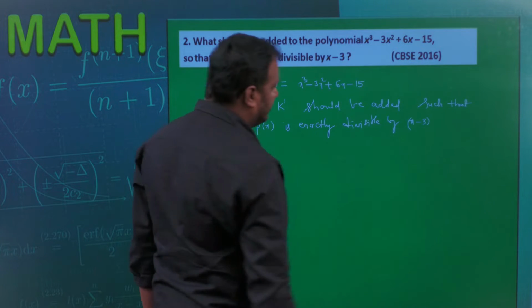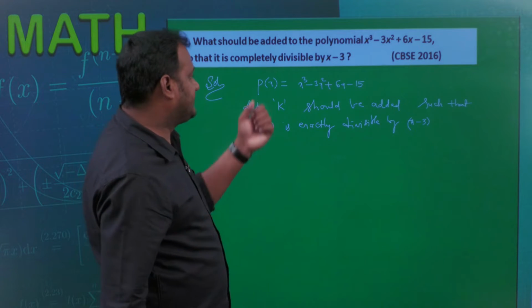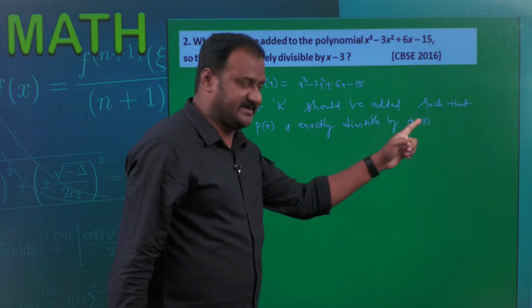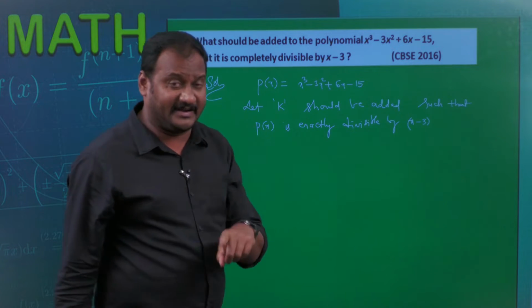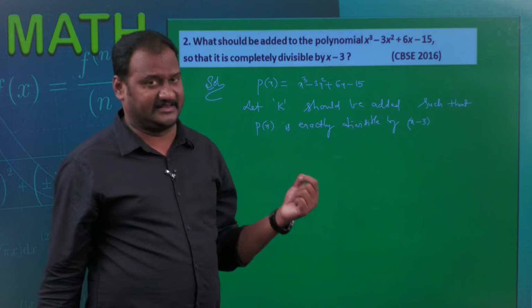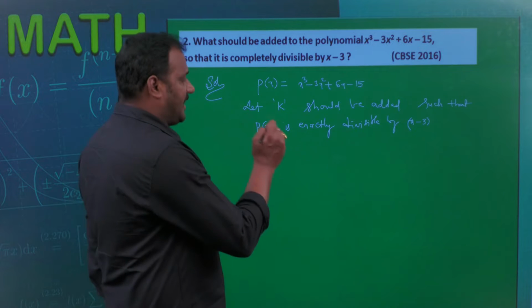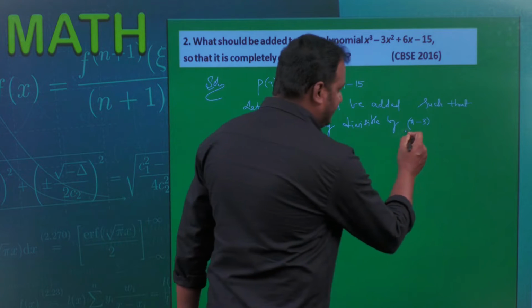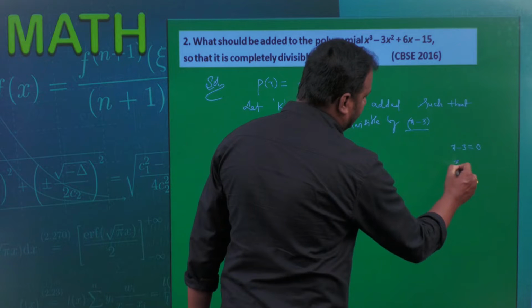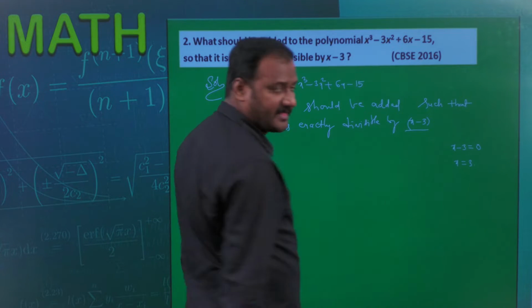So that if you divide p of x, after adding k to this polynomial, by x minus 3, then the remainder comes out to be 0. That is why I am going with the remainder theorem. The factor is x minus 3, so x minus 3 is equal to 0 only when x is equal to 3.